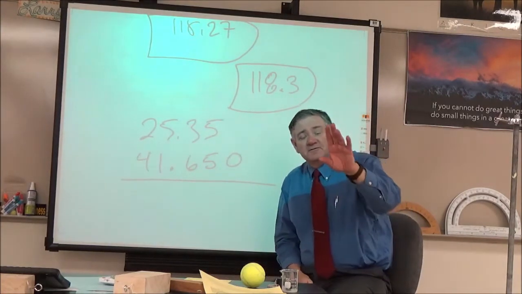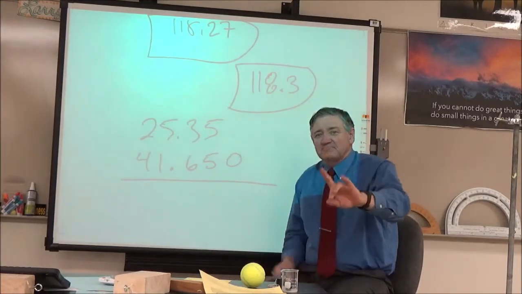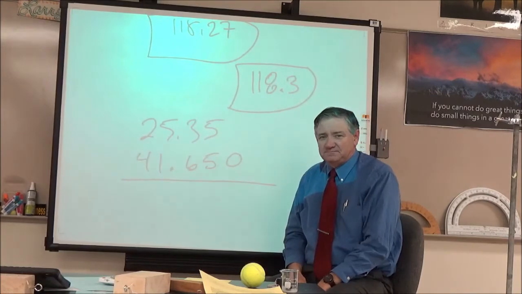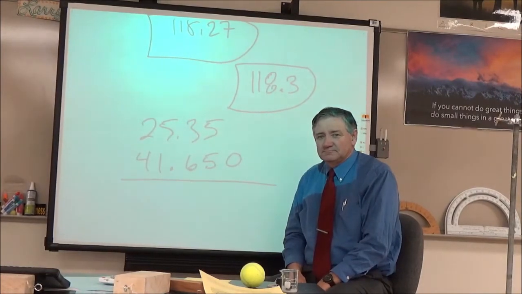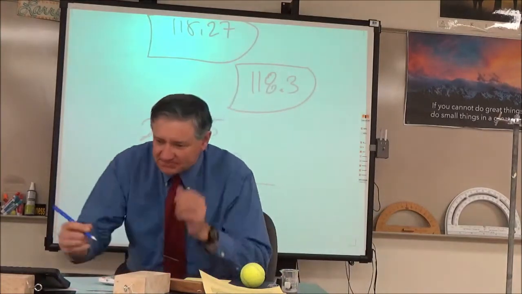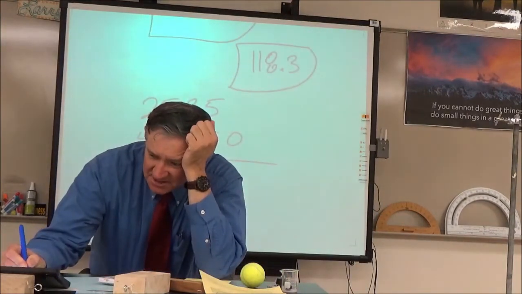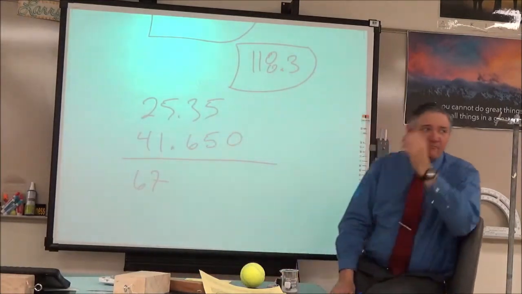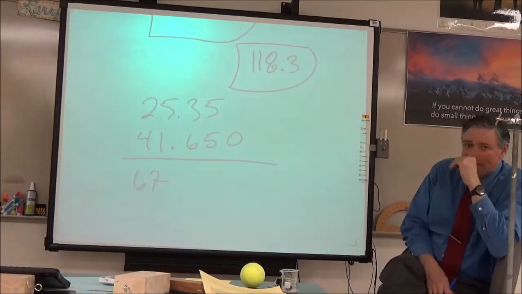Now, Sebastian, punch this into your calculator. Tell me what the oracle says. 67. So your calculator says the answer is 67. Now, if you put down 67, why is that bad?